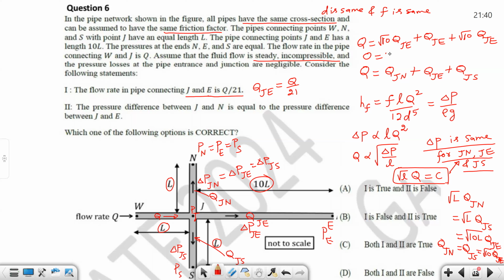So Q is equal to 7.32 QJE. This gives QJE equal to Q by 7.32. But that means this statement is wrong, because it is given that Q by 21 is the QJE, but it is Q by 7.32.